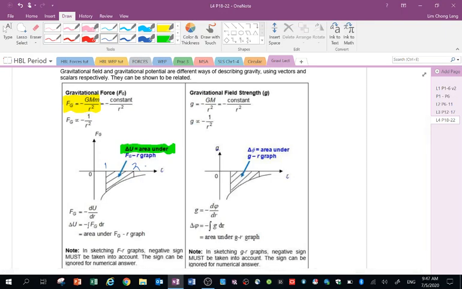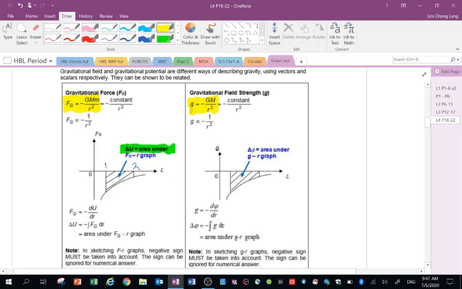Okay, then on the right, we have the graph of G versus R. So the equation is G equals to minus Gm over R square. Again, let me remind you that this is the vector form of the equation. In problem solving, most of the time we are interested only in the magnitude, so we drop the negative sign.